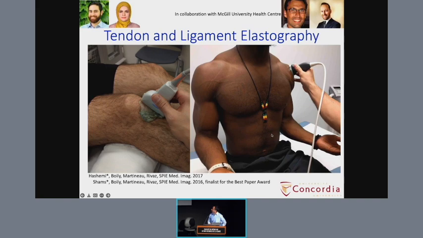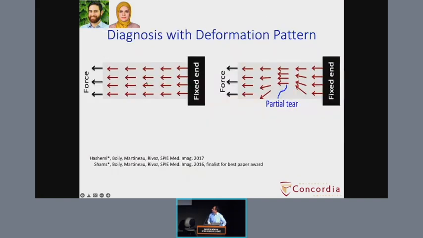Our hypothesis here was that if the tendon is intact, then the strain in the tendon is relatively uniform. But if it has a microscopic tear that cannot be seen in ultrasound, so this tear can be extremely small, completely invisible, when we subject it to some force, we will have stress concentration because this tear cannot bear any force.